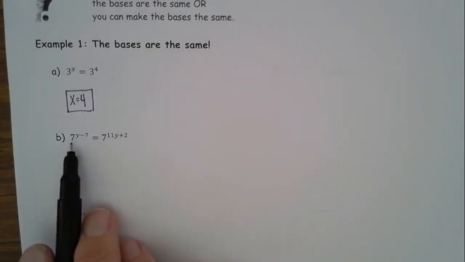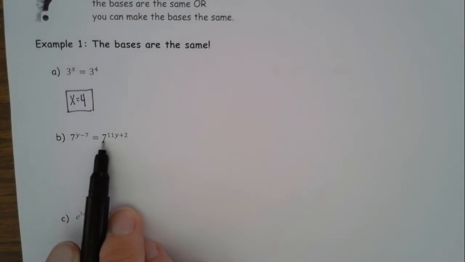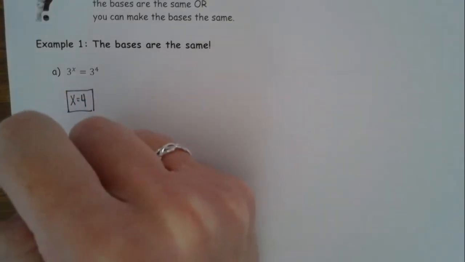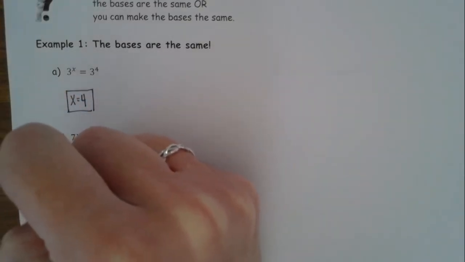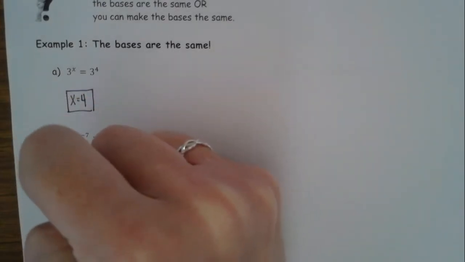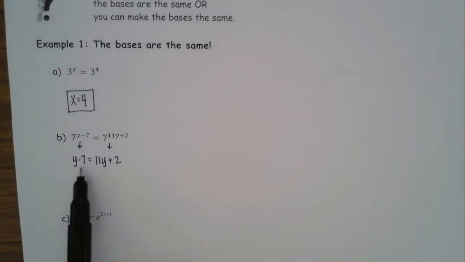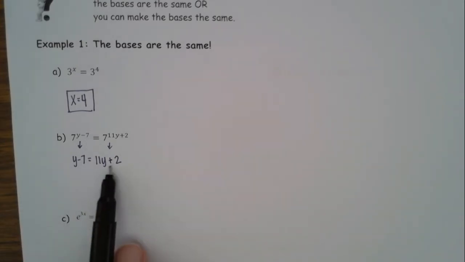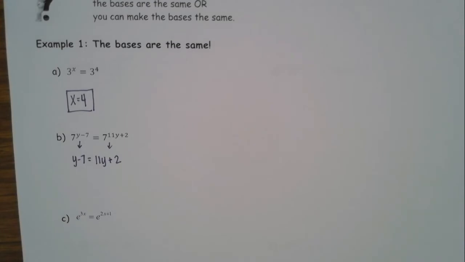But as long as this base is exactly the same as this base, then our exponent of y minus 7 must be equal to our other exponent of 11y plus 2. And when we set these equal, we're not worrying about what the bases are. We actually don't even care that those bases are 7. We just want to know this exponent has to be equal to this exponent. And then we're going to go back and check our answer.